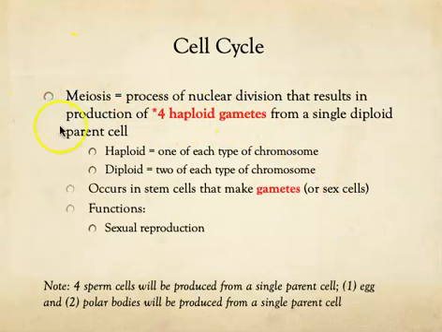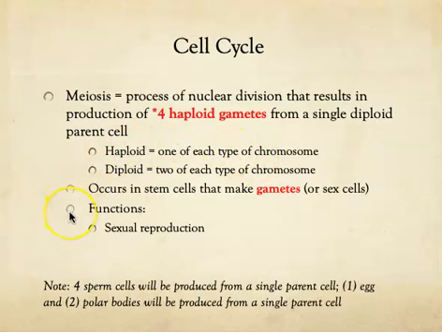Now, meiosis is a process that occurs in only a small subset of eukaryotic cells, and it occurs in the stem cells that make the gametes. So these are the cells within the male gonad or testicle and the female gonad or ovary that function to produce the gametes.